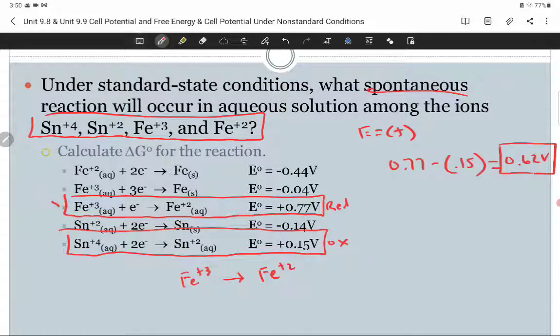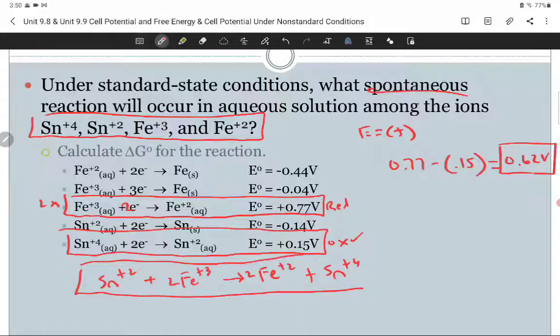And by the way, we'd have to multiply that by 2 because we need 2 electrons to cancel with 2 electrons. And then this is the oxidation. That means that right now it's written as reduction. We'd have to switch that around. And there we go.